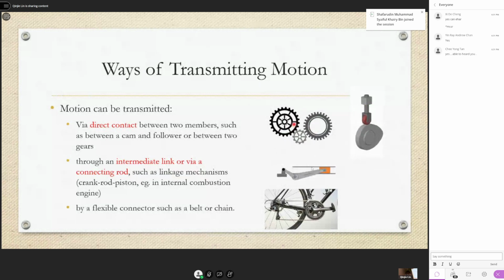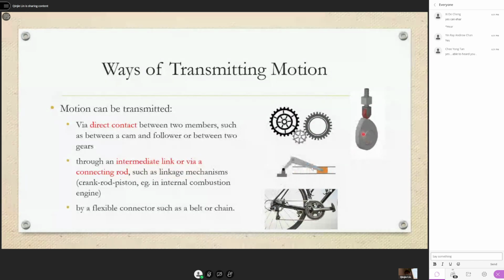And then cam and follower. When we say cam, it's something like this. It will have this rotating component. It will go in rotation. Then it will be designed in a weird shape, such that at some end there will be this thing called the follower. It will move according to how this weird shape wants it to move.